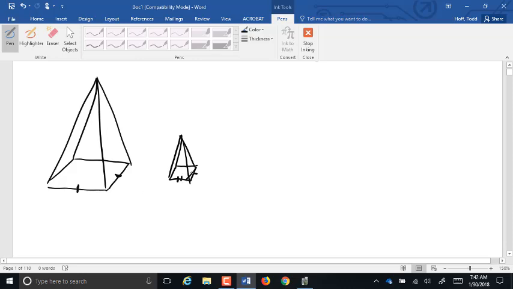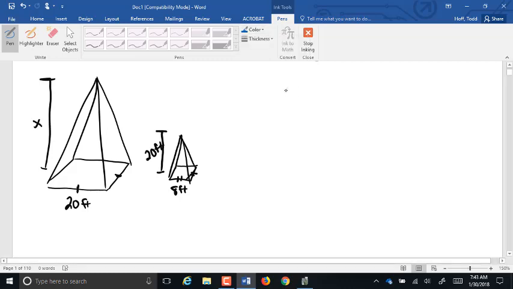So let's say that this is 20 feet. This is 8 feet. Let's say this is 20 feet. We're going to call this X.